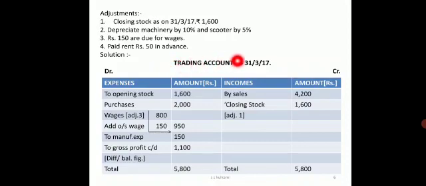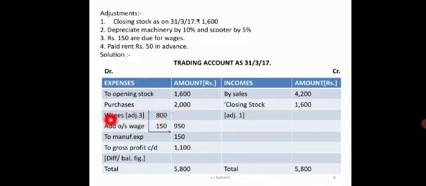So the trading account has only direct expenses, and the profit and loss account has indirect expenses. In the trading account I will start with opening stock, that is 1600, which is existing. Next I have purchases made during the year. If we see the trial balance, purchases are given just before the total, which amounts to 2000.